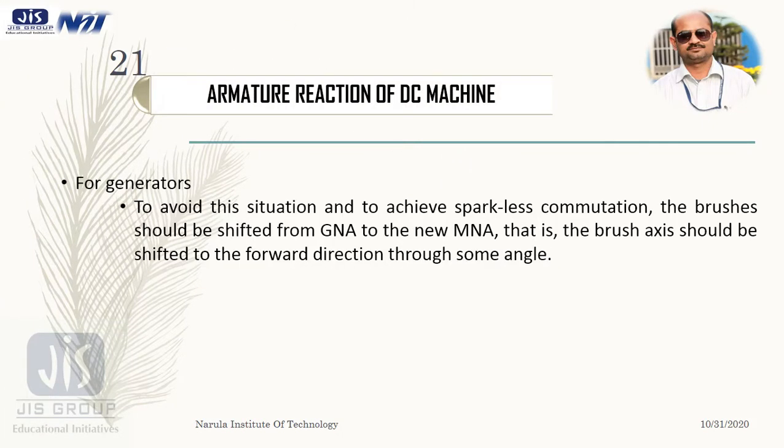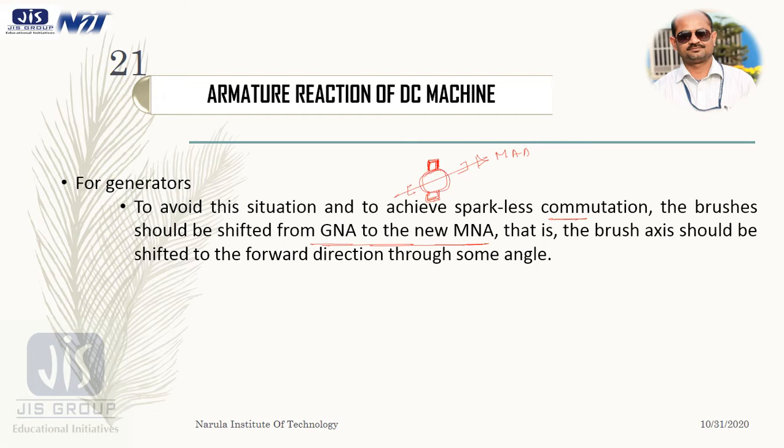Now to avoid this situation and to give sparkless commutation, the brushes are shifted from the GNA to the MNA. Previously it was here, but the MNA is now shifted here. If the brushes stay here, some current exists which will induce EMF, and this EMF results in circulating current.